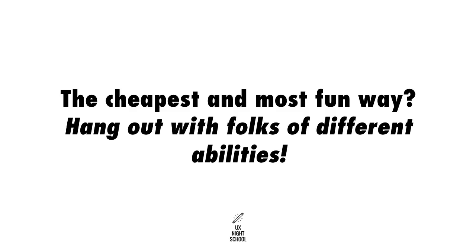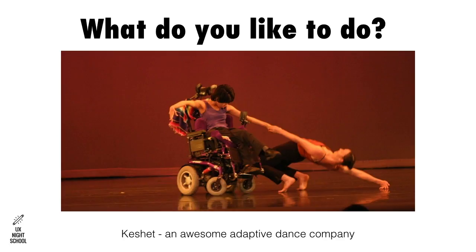Because, as I would argue, the cheapest and most fun way to reduce structural bias at your job and to become a better designer, design researcher, whatever you call yourself in regards to accessibility, is to just regularly hang out with folks of different abilities and different cultures. So what do you like to do? If you like sports, volunteer for the Special Olympics.